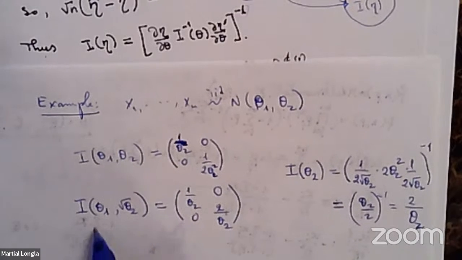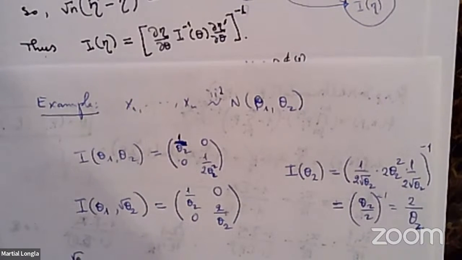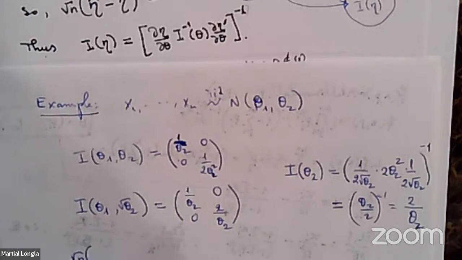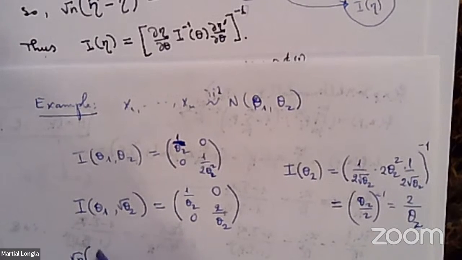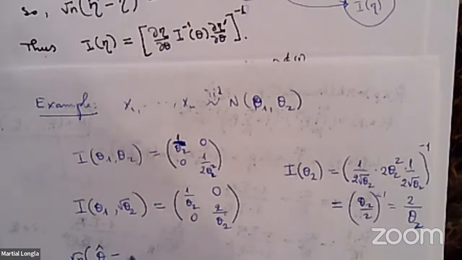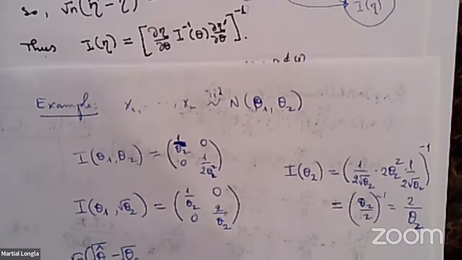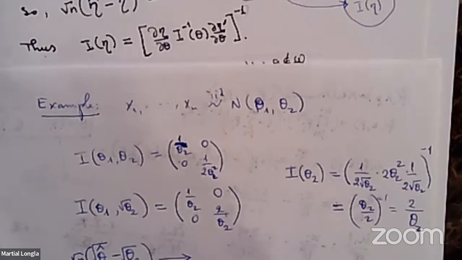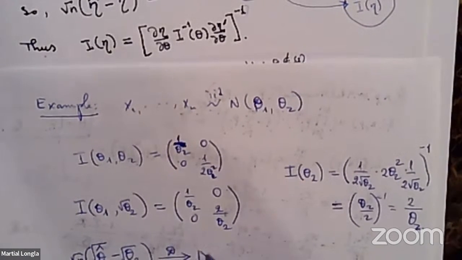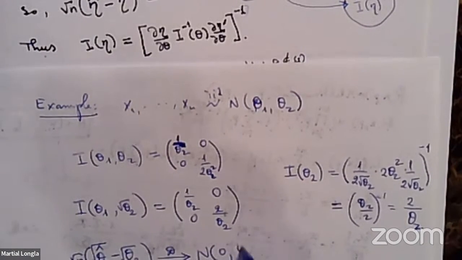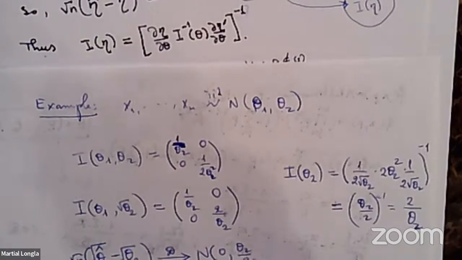And this clearly is telling us that if I take square root of n times theta 2 hat minus theta 2, this is going to converge in distribution to normal 0, theta 2 over 2.